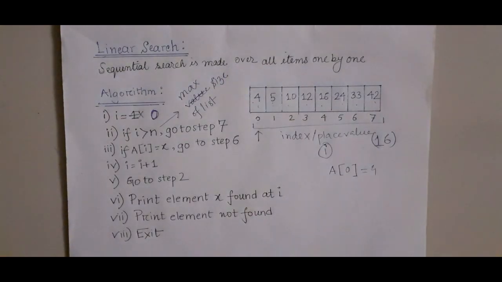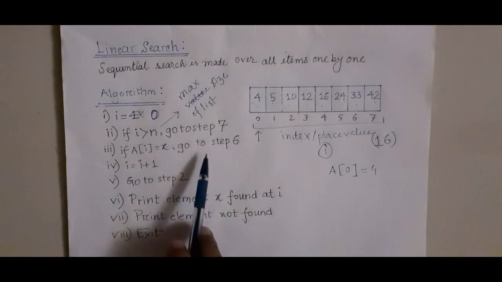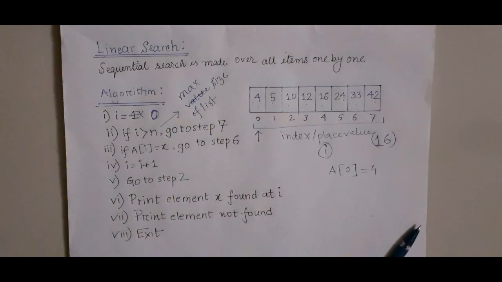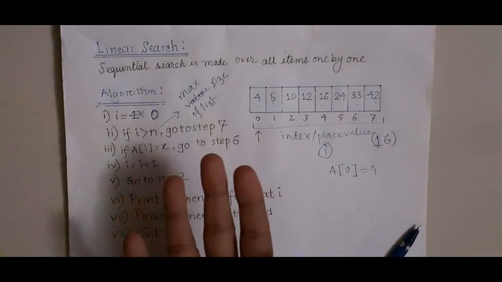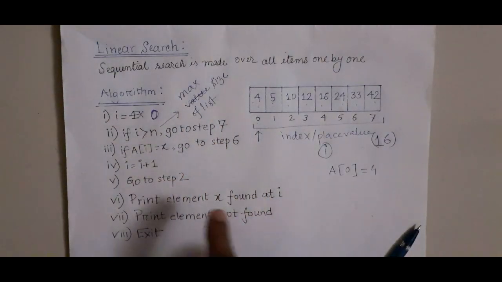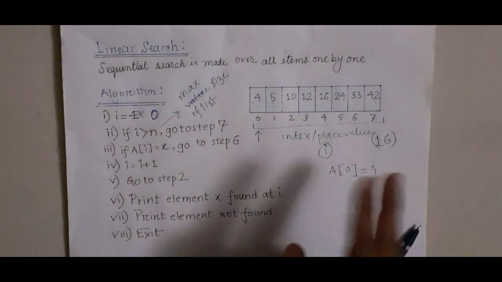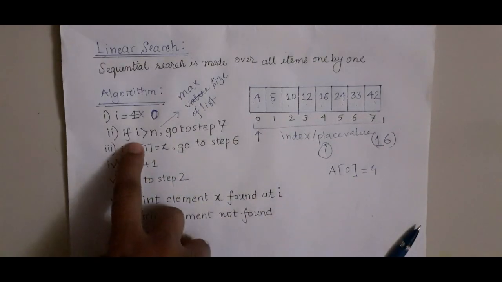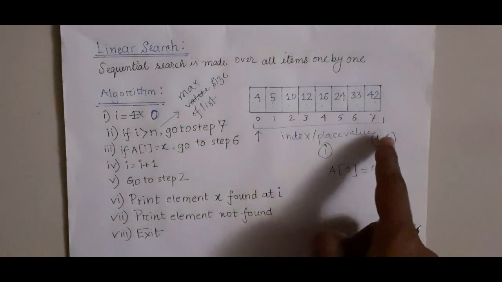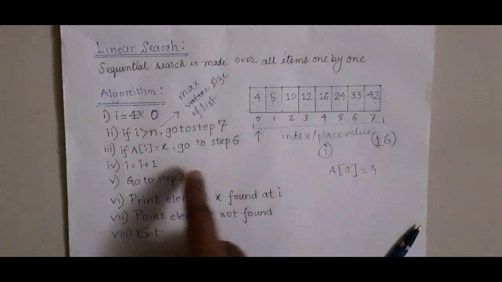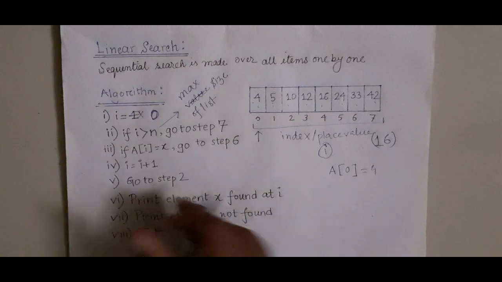Maximum size of the list is denoted with n. So in our case, when the I value becomes 8, it will obviously be greater than 7. In that case, we need to go to step 7. What is our step 7?